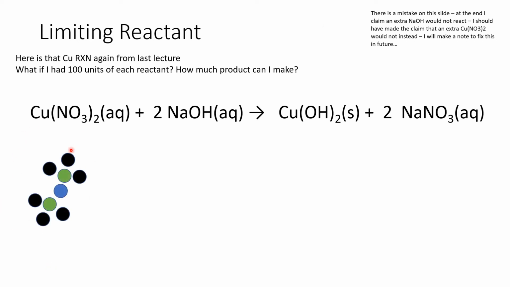So here's our copper nitrate, and here's our sodium hydroxide, right? And we're going to make copper hydroxide and sodium nitrate. But remember, when we did this originally, it's not balanced, so you have to add some things in here. This 2 and this 2, and I'm going to go ahead and do what I've been asking y'all to do: specify the 1s here also, right?